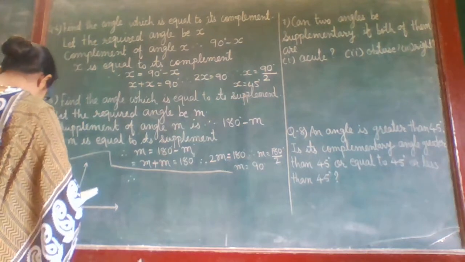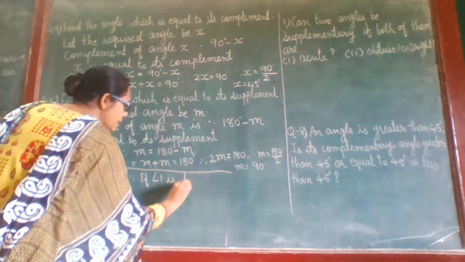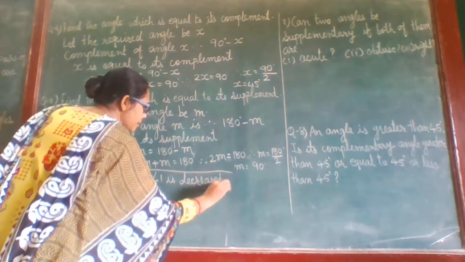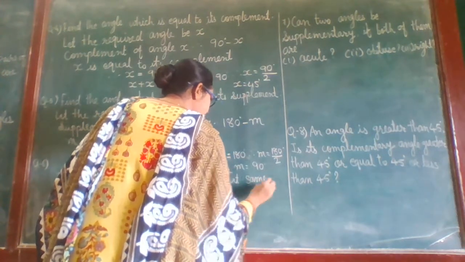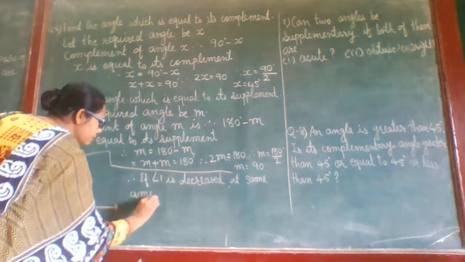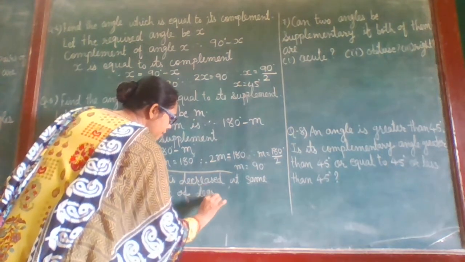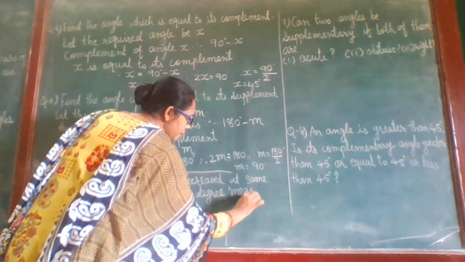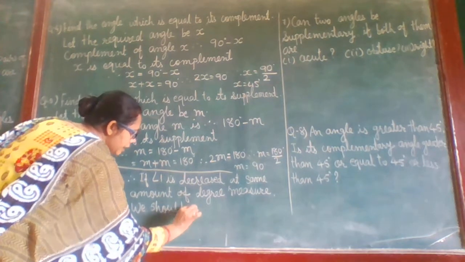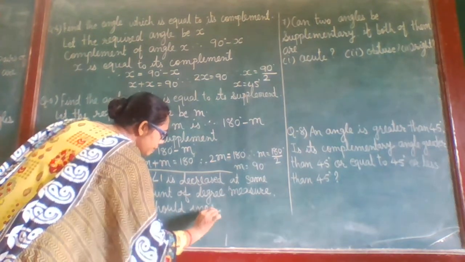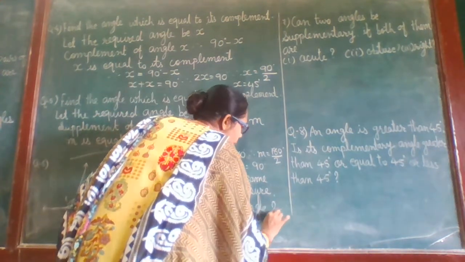Okay, so if angle 1 is decreased by some amount of degree measure, we should increase angle 2.